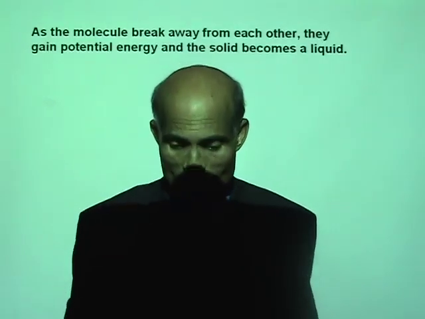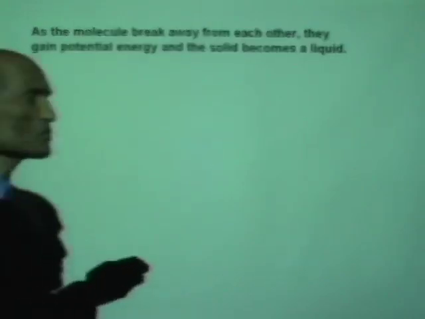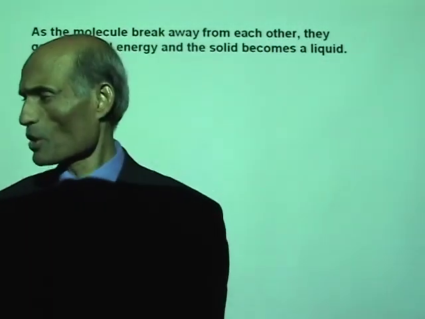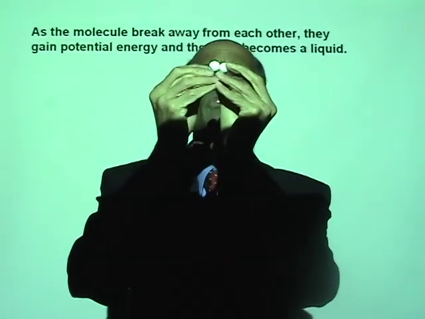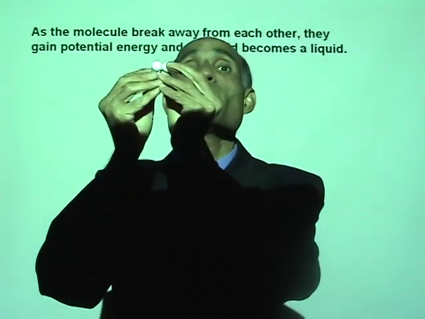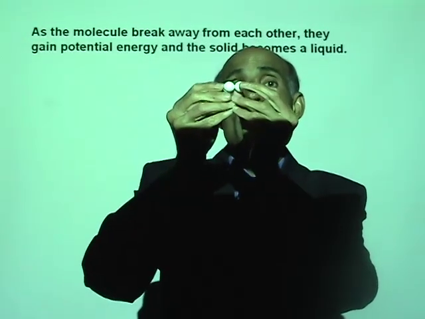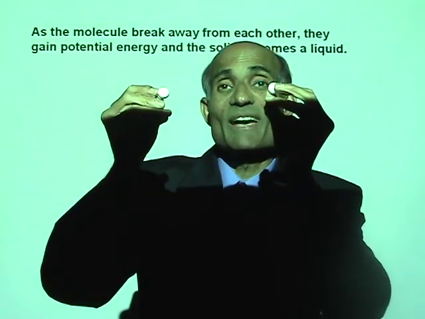In the same way, when two molecules are close to each other, let me see if I can show that to you. If these two molecules are very close to each other, their potential energy is a minimum. When they move away from each other, they gain potential energy.